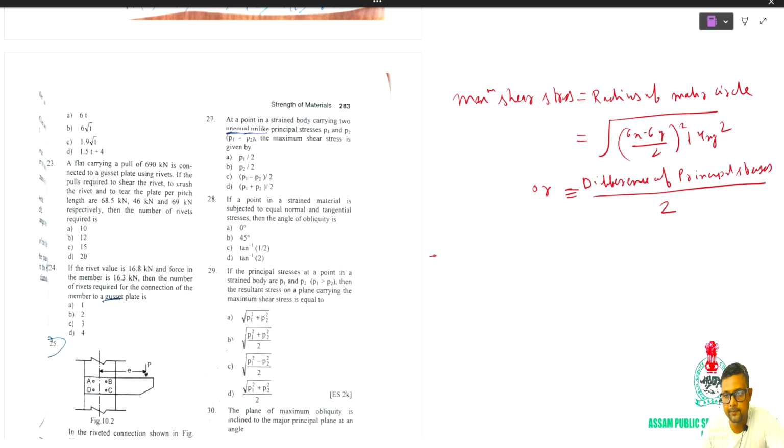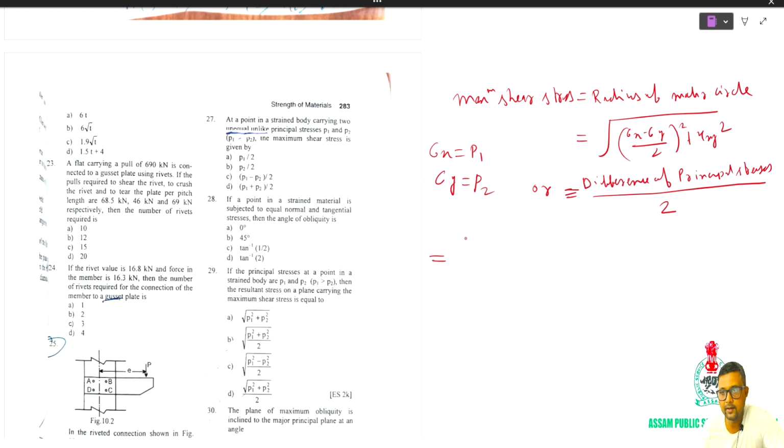So what will happen? Here, two unequal principal stresses P1 and P2. That means sigma x is equal to P1, and sigma y is equal to P2. Unequal, unlike. Unlike means what? If one is tension, the other is compression. Like means both are tension or both are compression. Unlike means the nature is different, right?